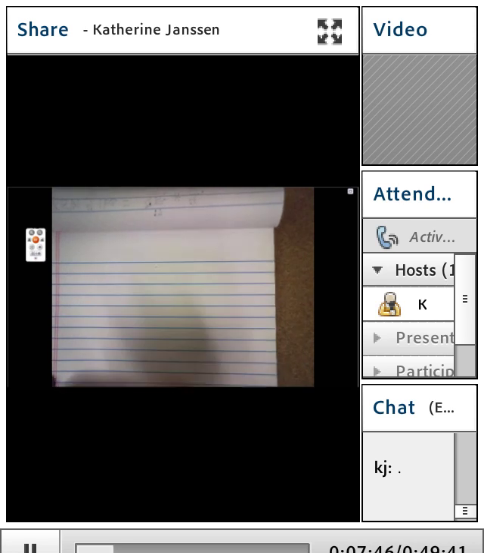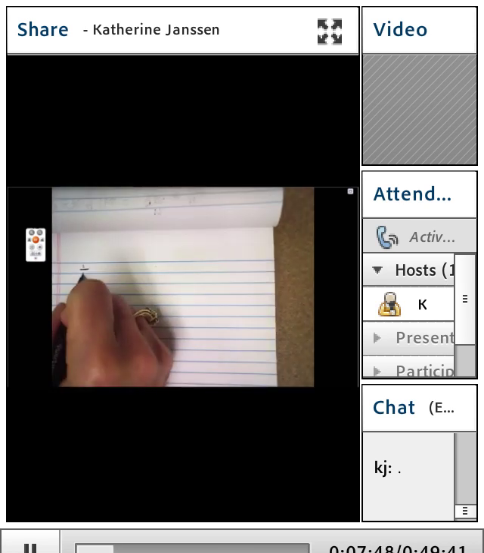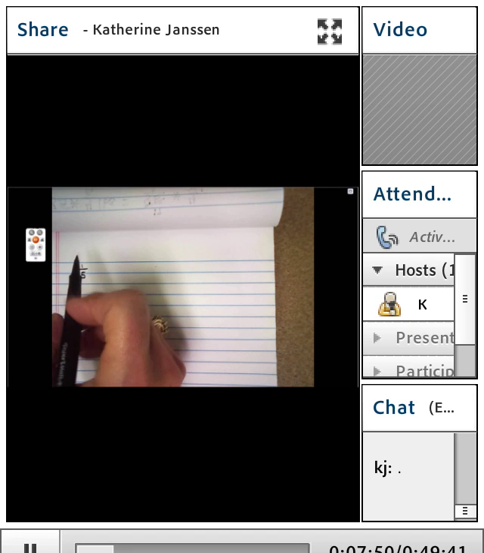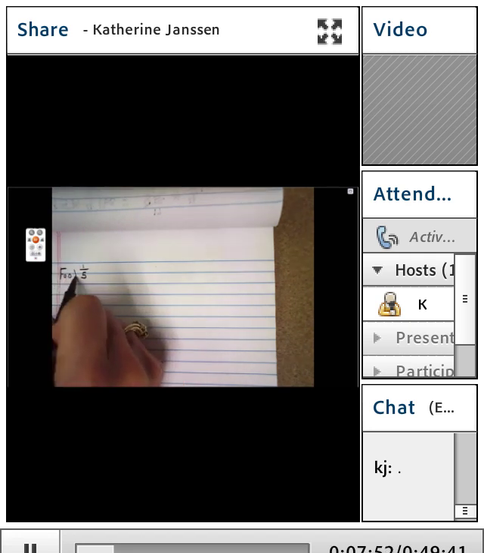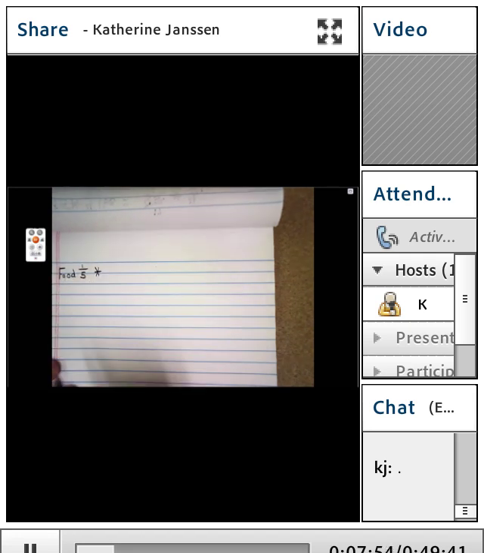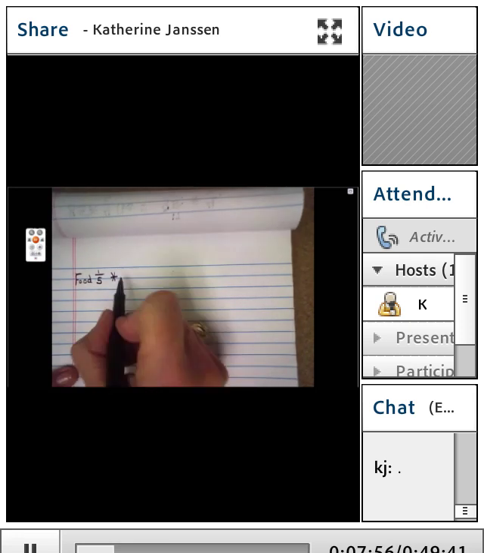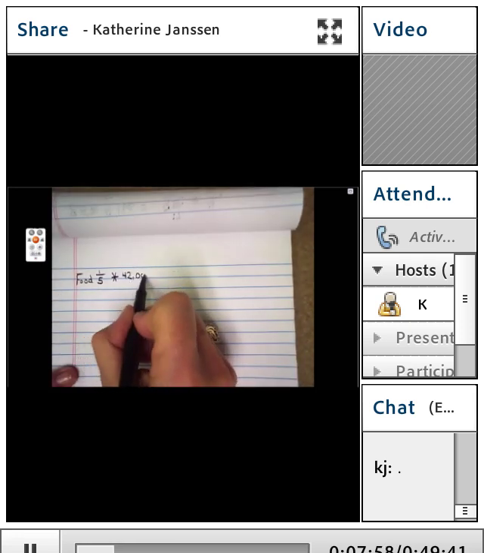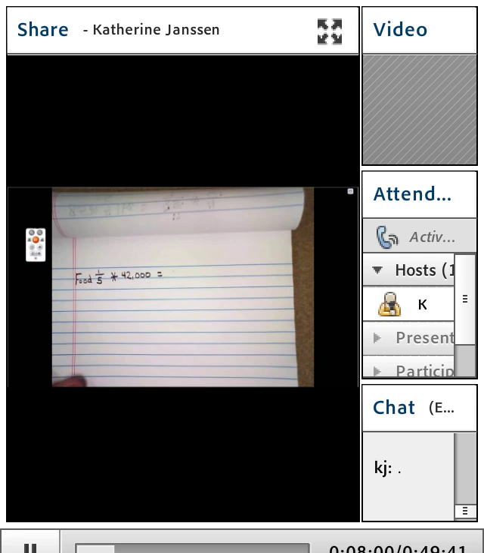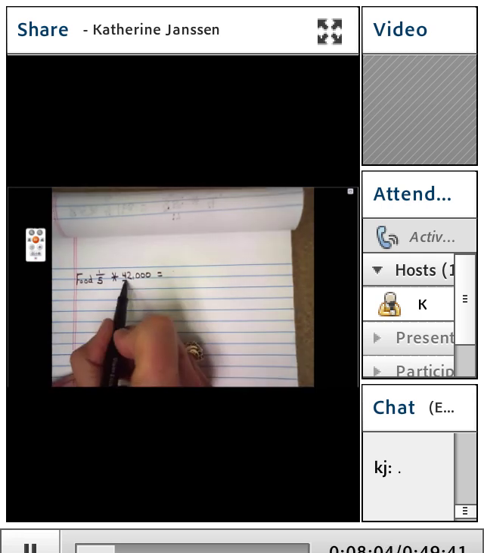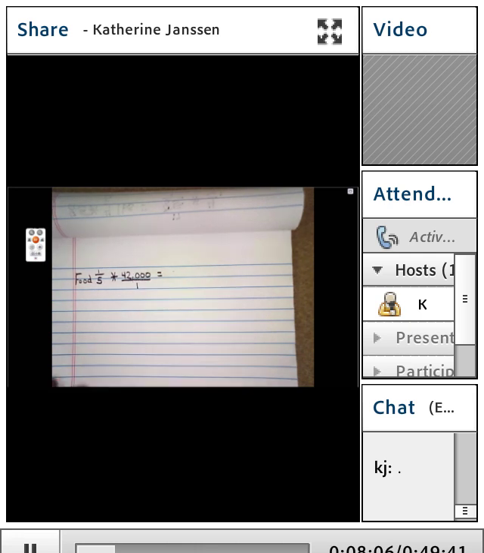So if 1/5 is spent on food of my $42,000, I want to find out how much is spent on food. 42,000 is another whole number, so we can write that in fractional form with a numerator and a denominator of 42,000 over 1.